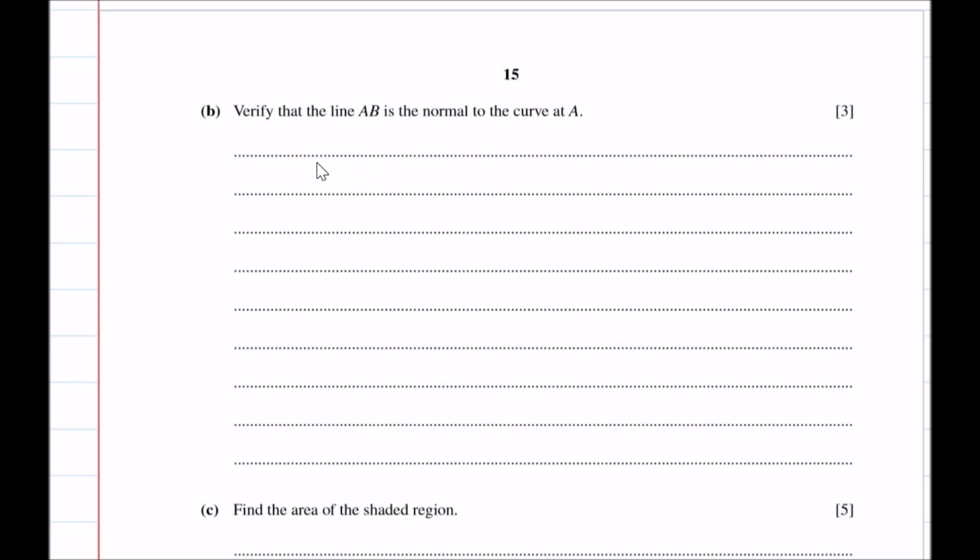Okay. So here at A dy by dx, and that dy by dx value will give us the gradient of the tangent, right? So 9 minus 3 times 2 into 3 by 2.